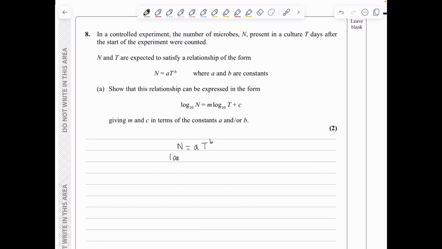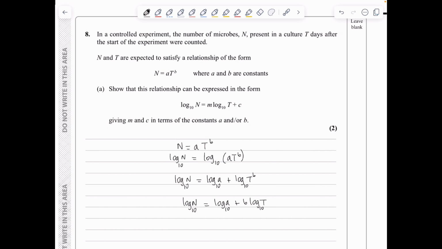So we're looking at log of N base 10 is equal to log base 10 of A T to the B. I will then use the product rule of logarithms to split the right hand side into log of A base 10 plus log of T to the B base 10, which can be written as log of N base 10 is equal to log of A base 10 plus B log T base 10, using the power law of logarithms.